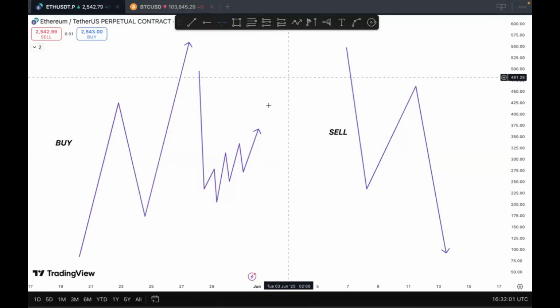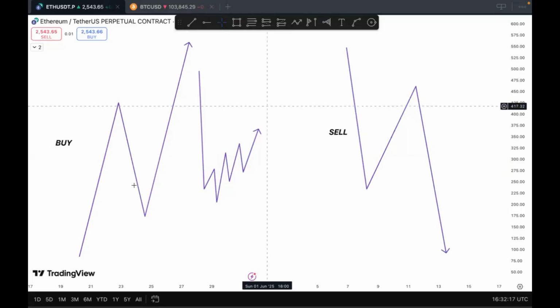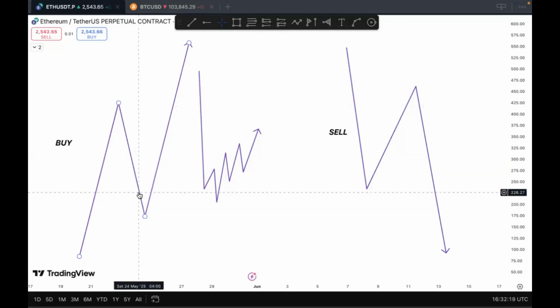So what is the current trend of the market? We're not talking about the overall trend. We're talking about the current trend of the market. So if I look at this, let's say this is a chart.